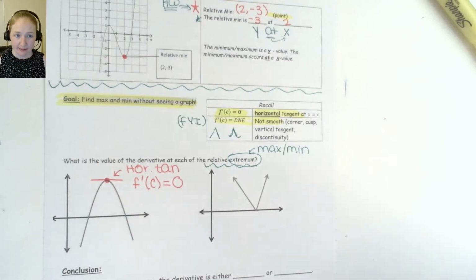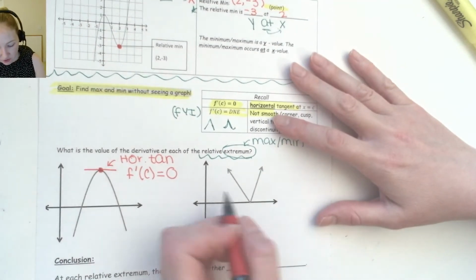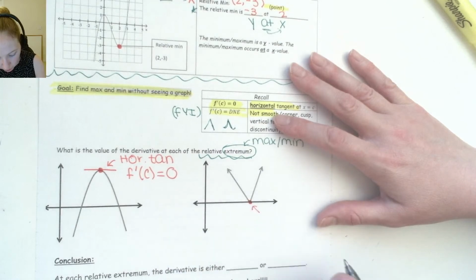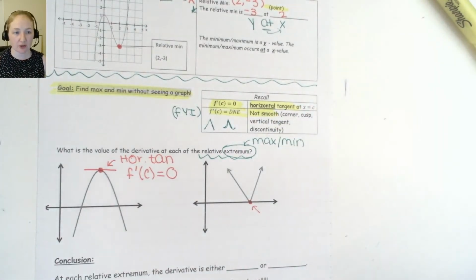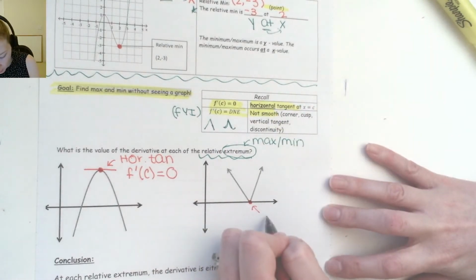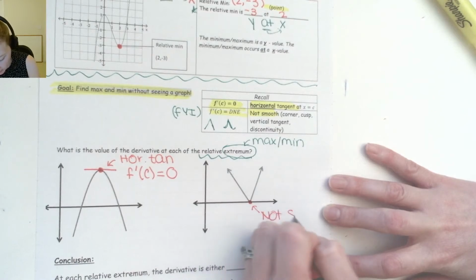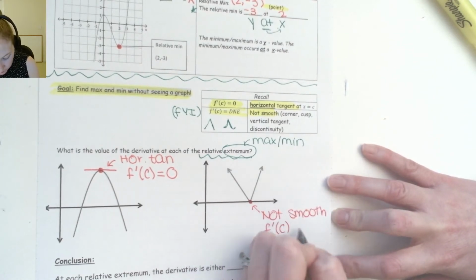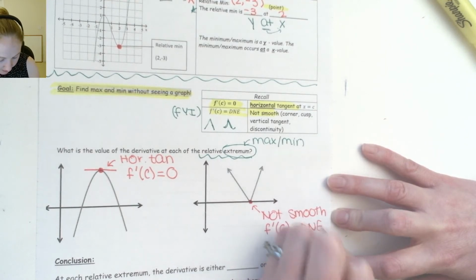The other case that you can see if you play around with different max and min pictures that you could draw is you could potentially have something that looks like this, where at that minimum point, we actually see that our function is not smooth. And that would be a case where the derivative would not exist.